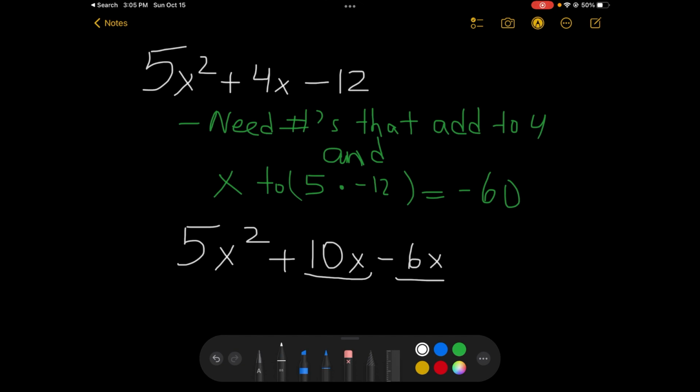Usually you want to group those terms with terms that have a common factor in their coefficients. So like here, 5 and 10 have a common factor. If I did negative 6x plus 10x, that would make no sense because negative 6 and 5 don't share any factors. So you want to write it the right way so that factor by grouping works out.